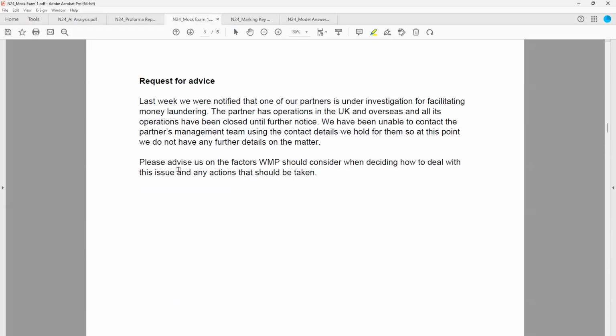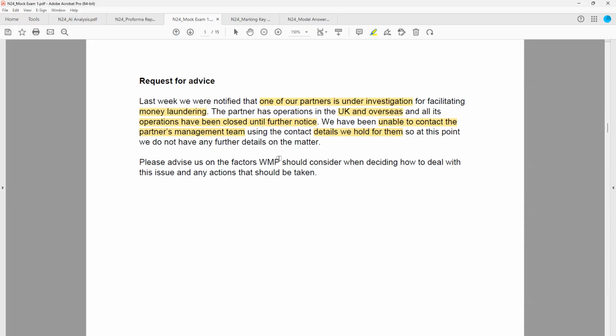So a quite short request for advice where we were told that one of our partners is under investigation for facilitating money laundering. They've got operations in the UK and overseas, and they've been closed until further notice. We've been unable to contact the management team using the details we hold for them, which may suggest that the details aren't correct, or it might just be that they're not responding.